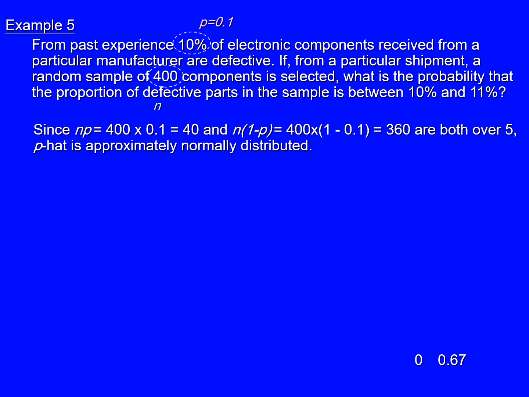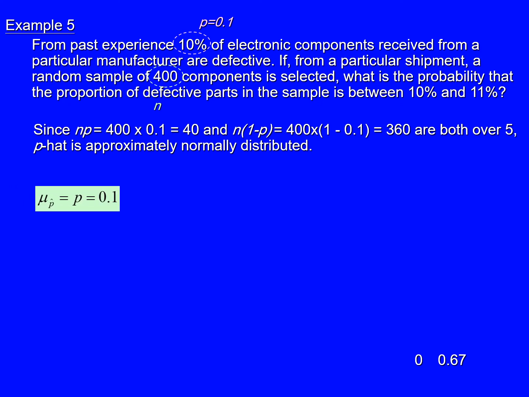We multiply 400 by 10%, which equals 40, and by 90%, which is 1 minus 0.1, which is 360. So both are much greater than 5, and we can use the normal approximation easily.